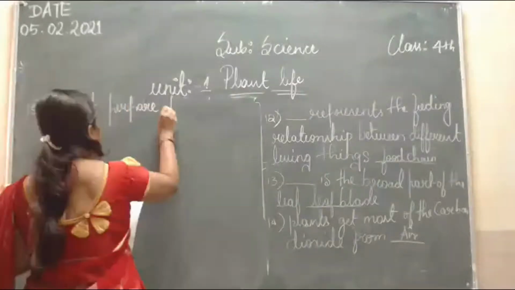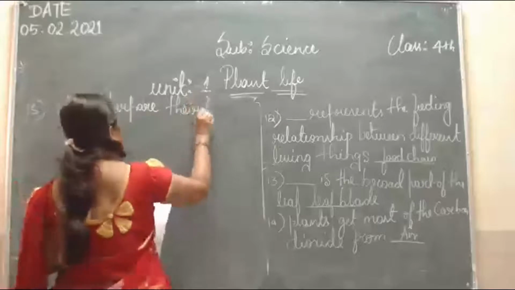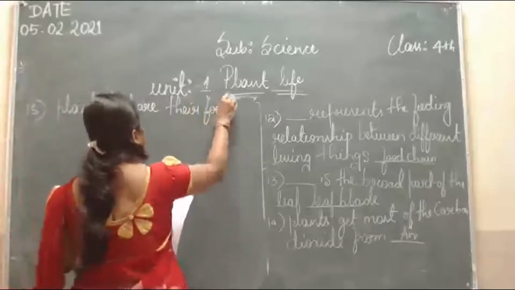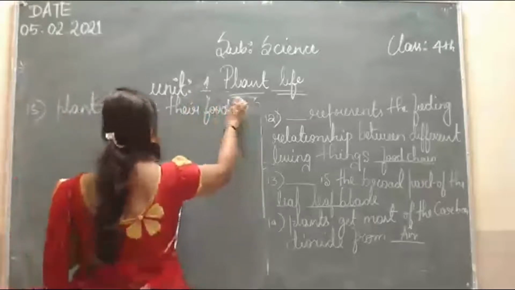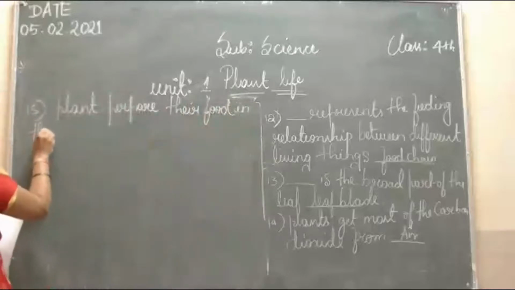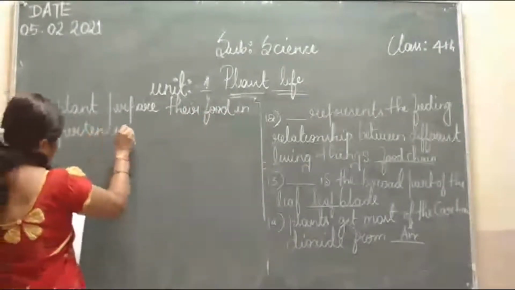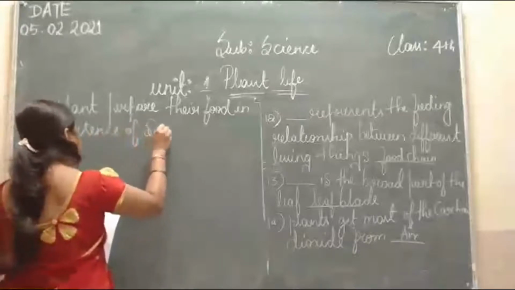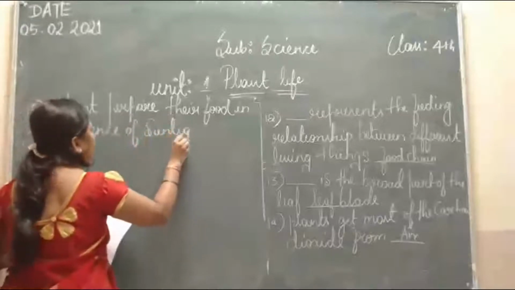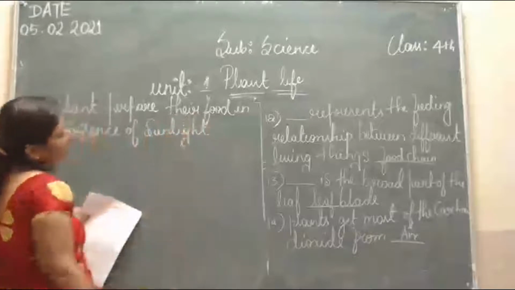Plants prepare their food in the presence of sunlight. What are the three things we need to prepare the food?